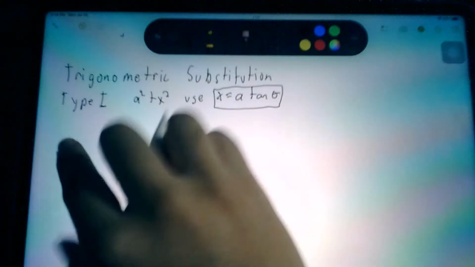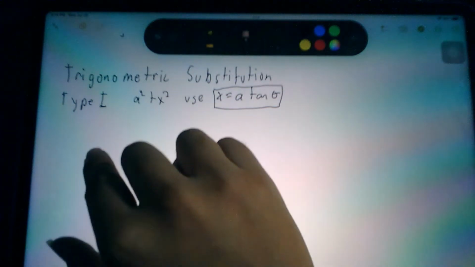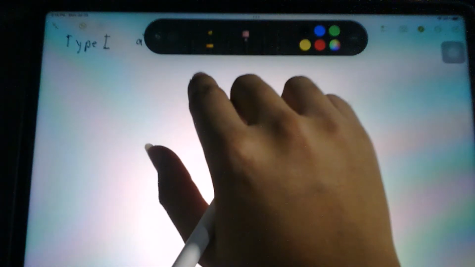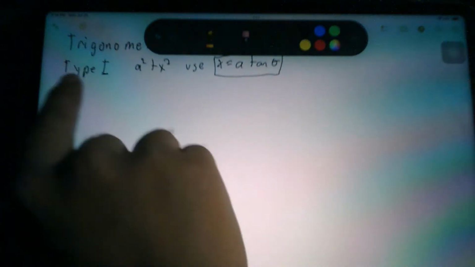Now let me give you an example of type 1 trigonometric substitution. Problem number 1 for type 1 is the integral of the square root of, let's say, 1 plus x squared dx.